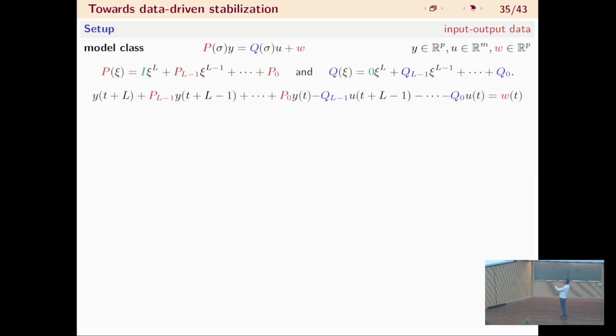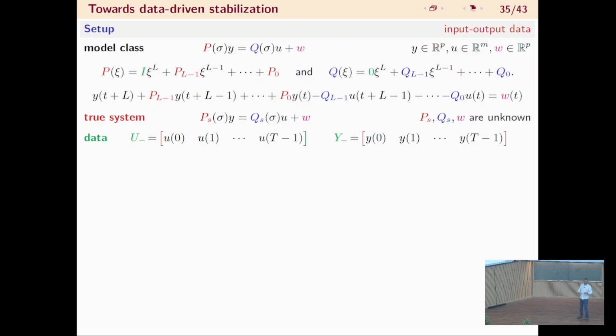And then basically I am looking at this left-hand side, and that needs to be equal to W, the process noise. And within this model class, I have a pair P_S, Q_S unknown that represents the true system.